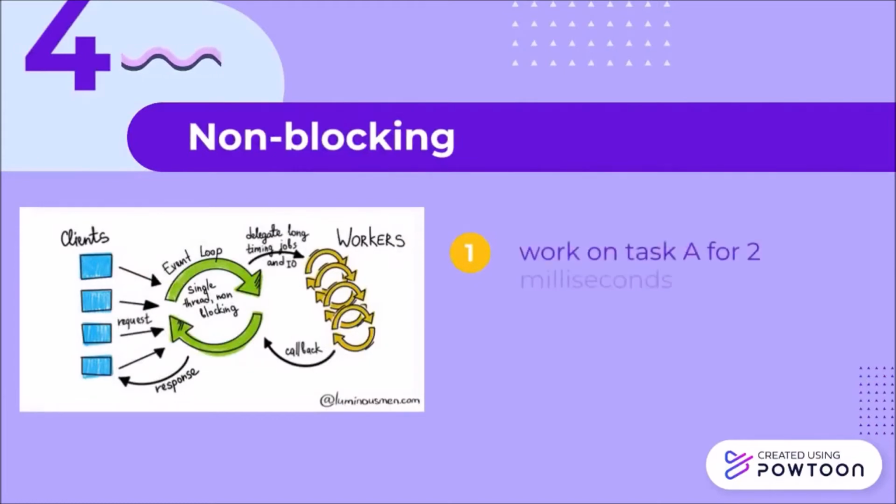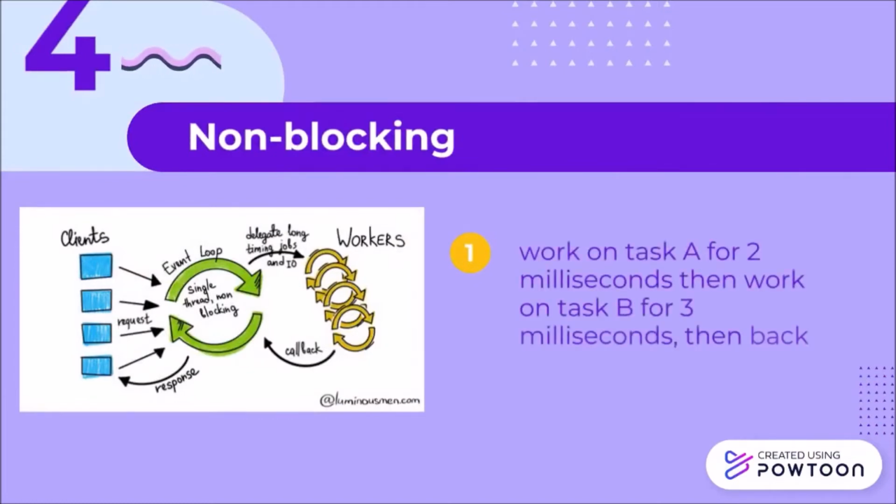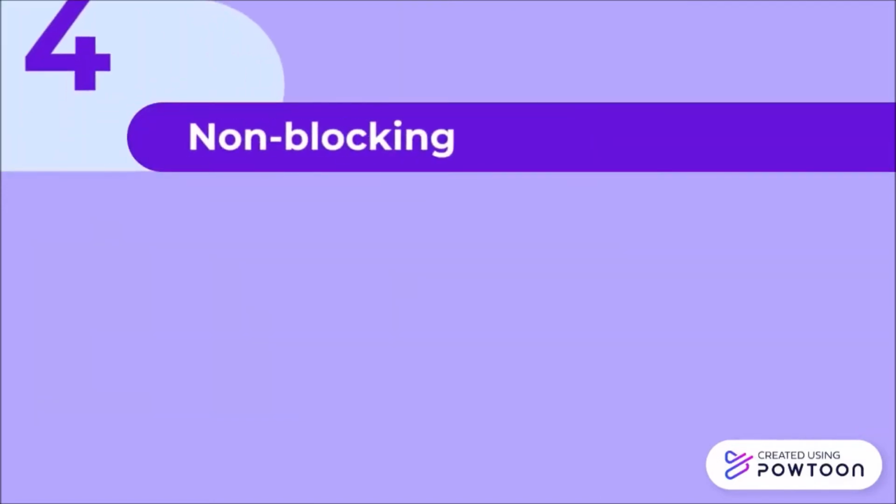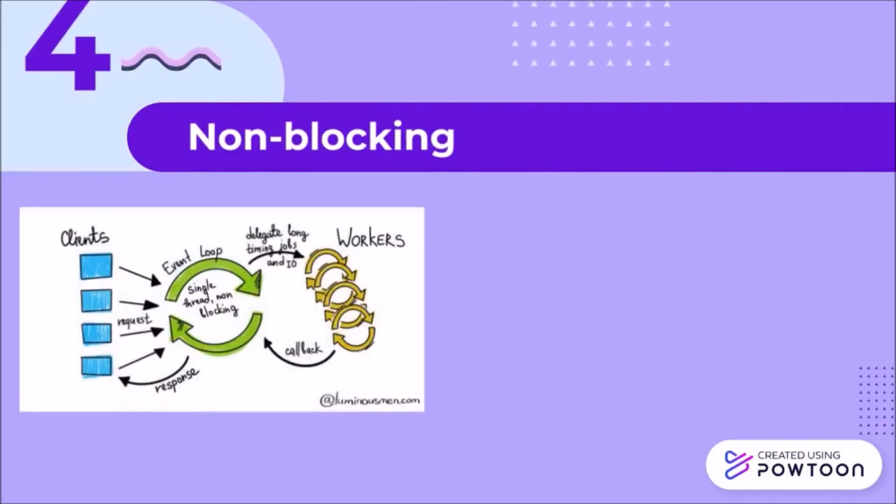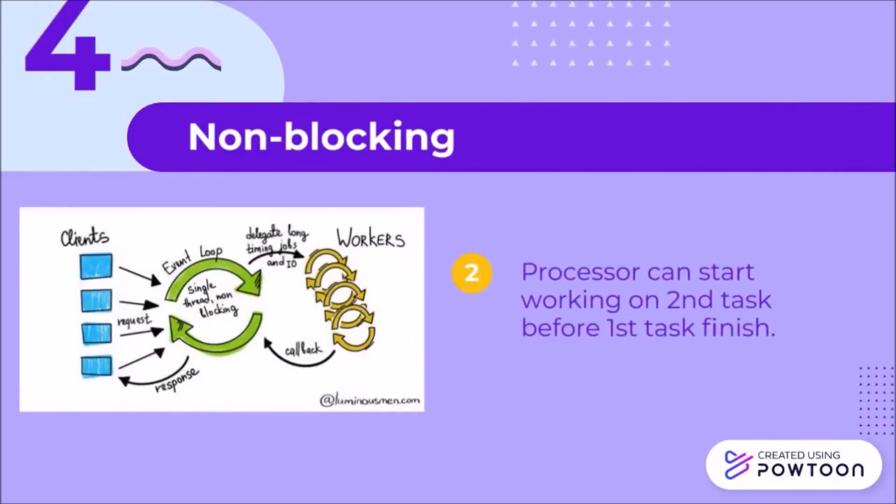The processor can work on task A for 2 milliseconds, then task B for 3 milliseconds, then back to task A in a cycle. This non-blocking implementation allows the processor to start on a second task before the first task is finished.